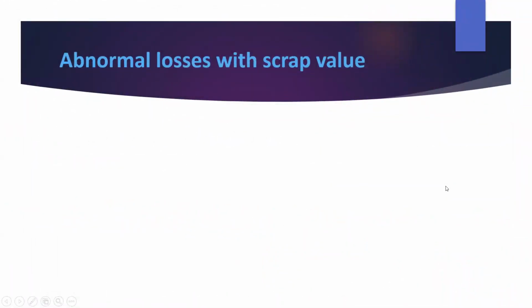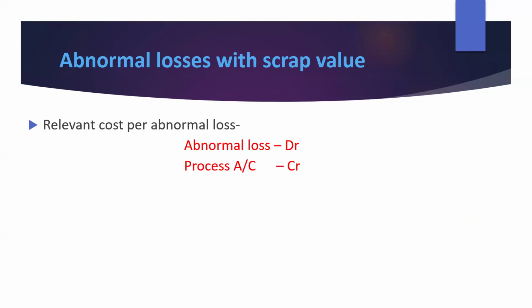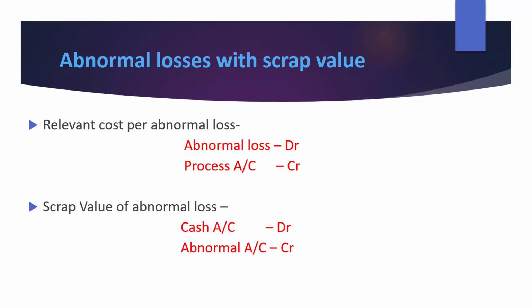Now let's see how we are going to record the abnormal loss with scrap value. The relevant cost per abnormal loss is going to be debited to the abnormal loss account and credited to the process account. And the scrap value from the abnormal loss is going to be debited to the cash account and transferred to the abnormal loss account.